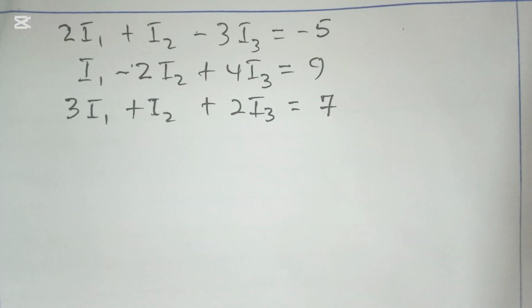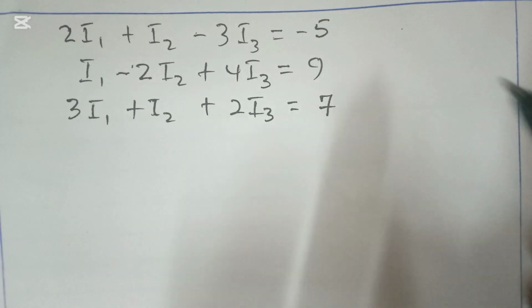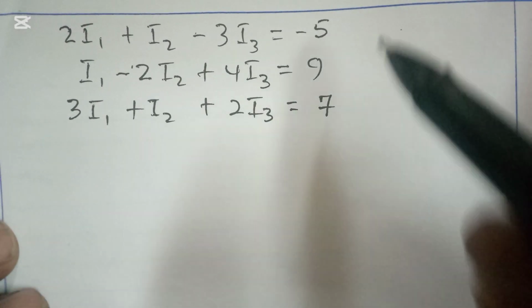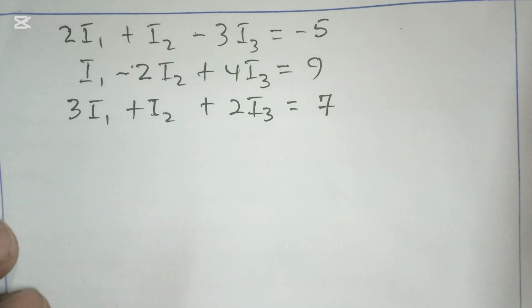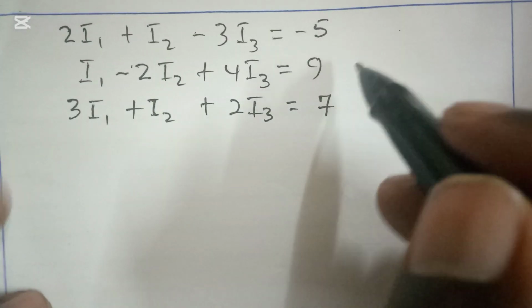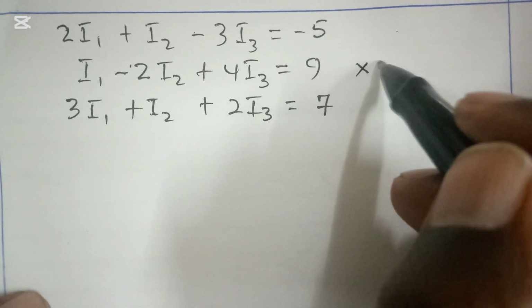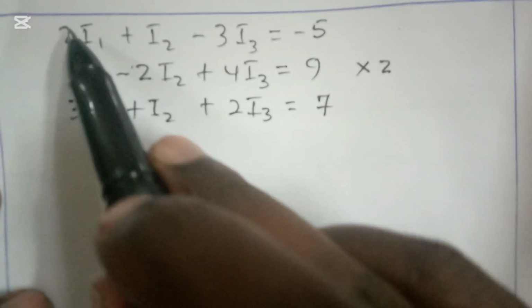So guys, I'm going to solve this equation, and the first thing I'm going to do is eliminate I1. I'm going to do it by multiplying here by 2, so that this one is the same as that.